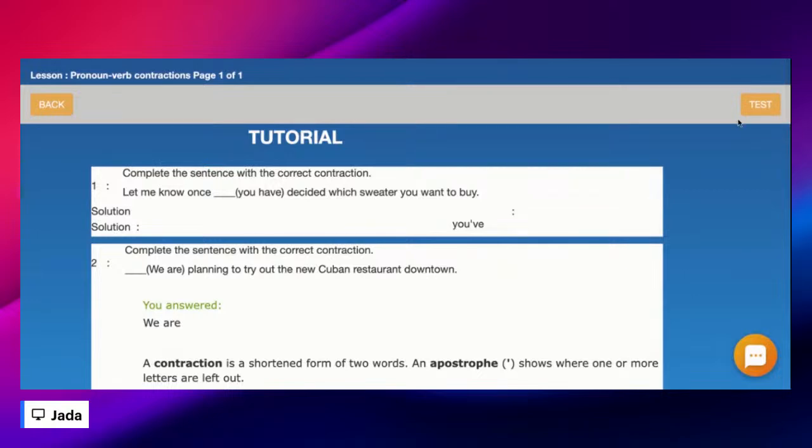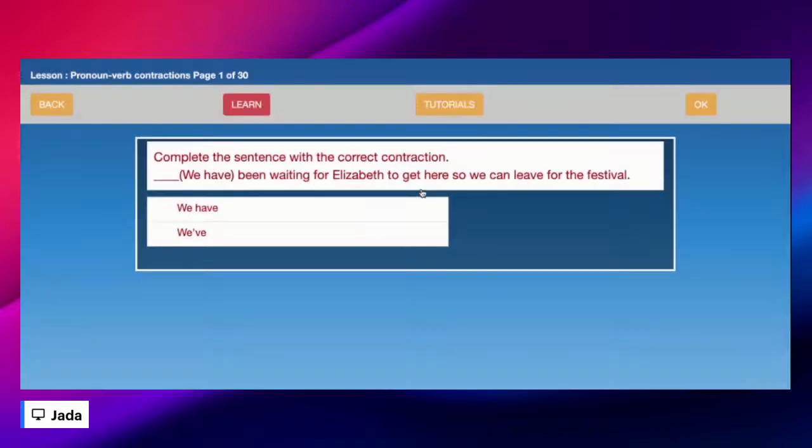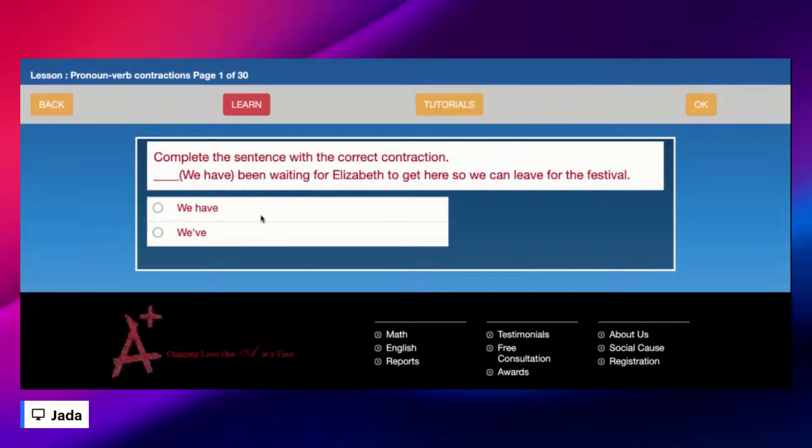Make sure you send in your answers on the chat. Let's continue. What will be the answer here? We have been waiting for Elizabeth to get here so we can leave for the festival. Which is the correct contraction?